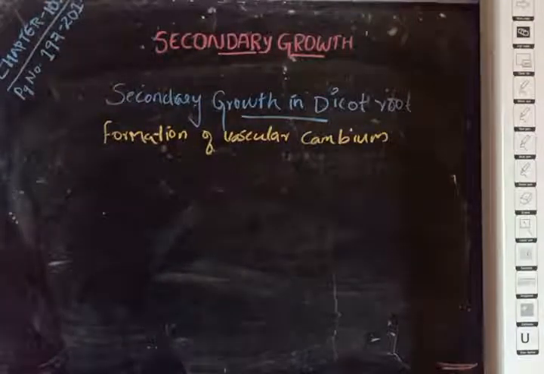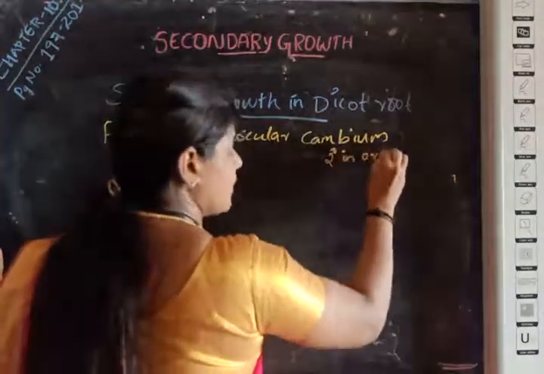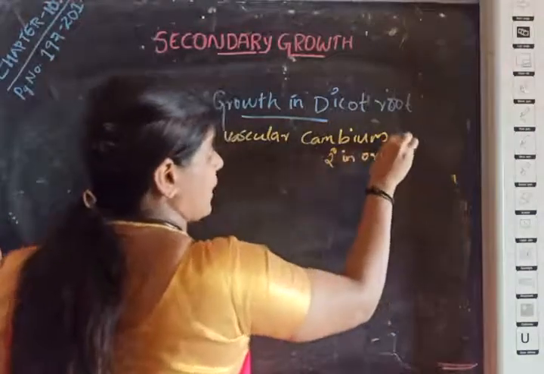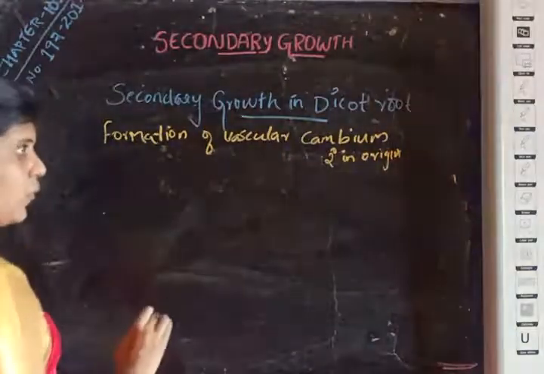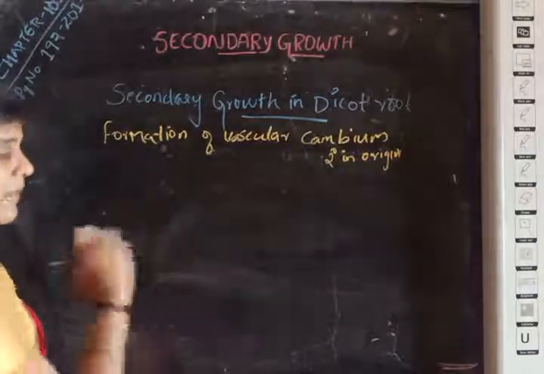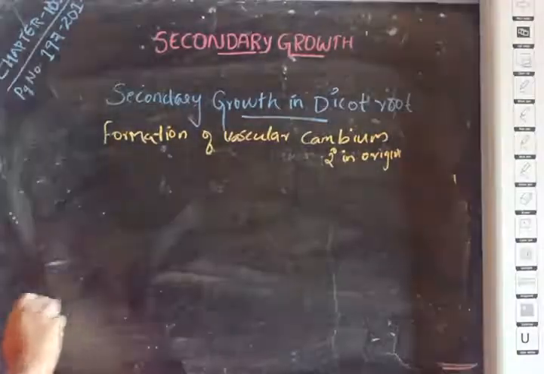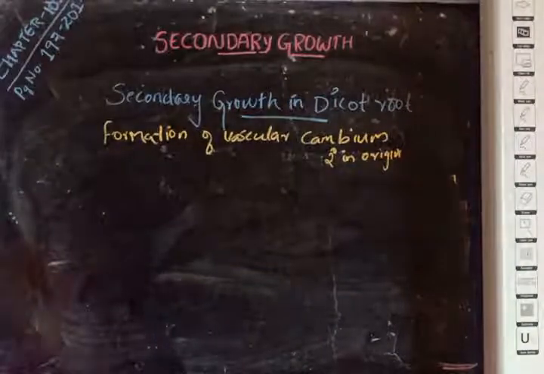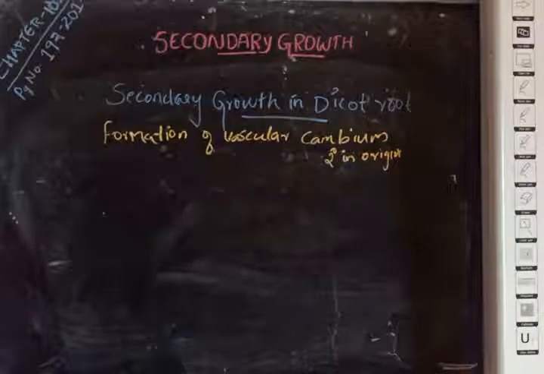The vascular cambium is secondary in origin, but if we compare the vascular cambium in dicot stem, it is partially primary in origin. That is, fascicular cambium is primary in origin, whereas the interfascicular cambium is secondary in origin. But here, the vascular cambium is purely secondary in origin.